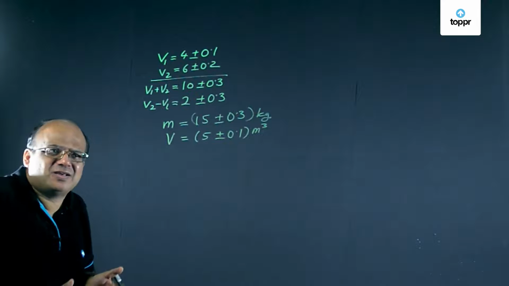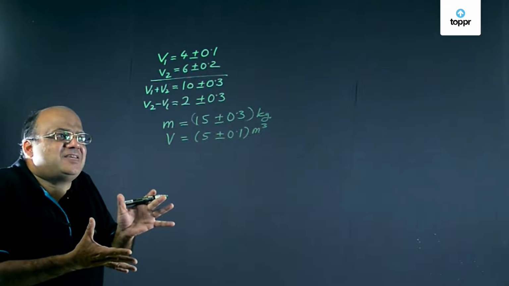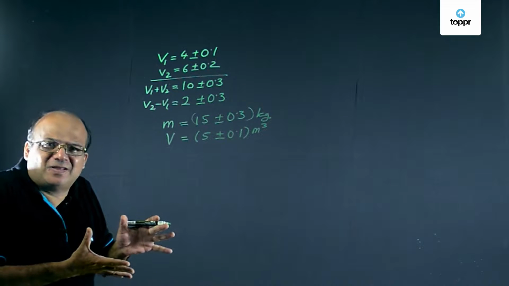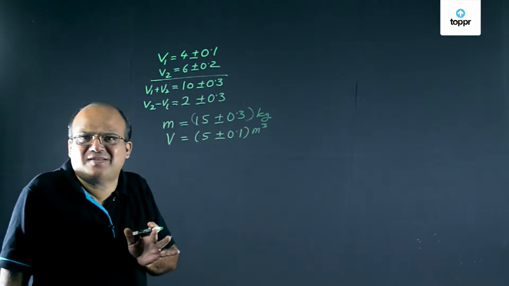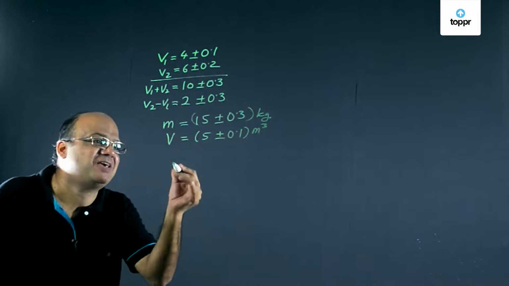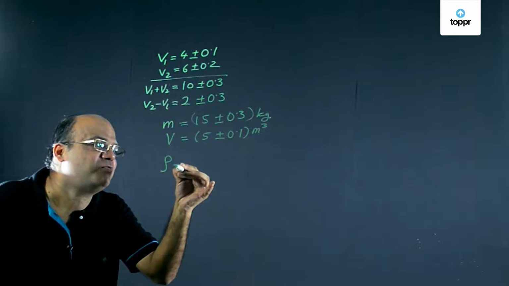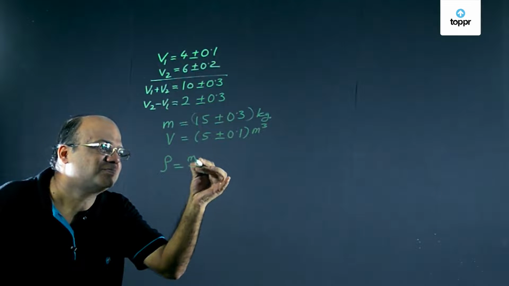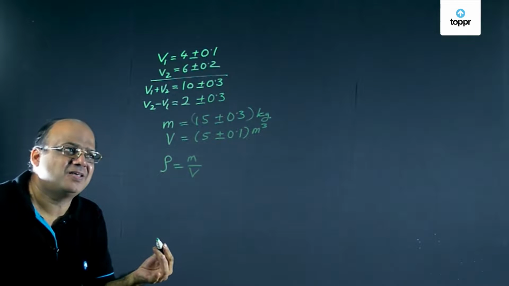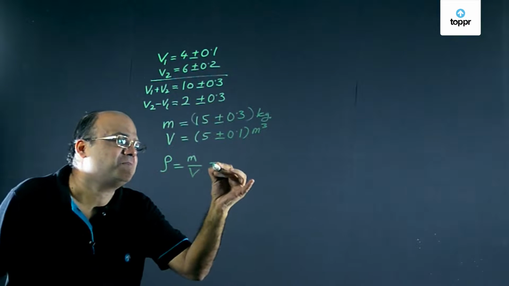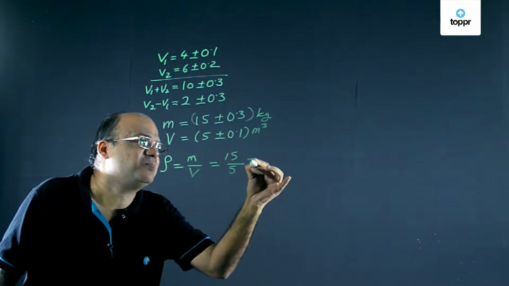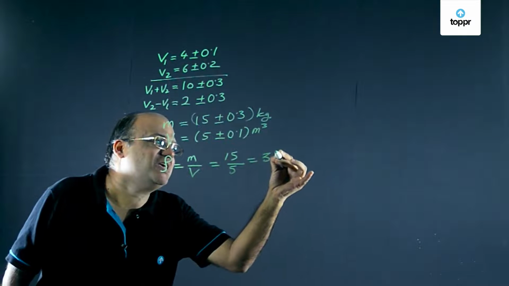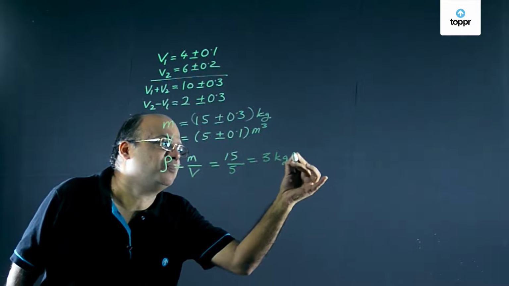Now to find the density of this material. So how to find the density? All of you know how to find density? Yes, density is mass by volume. So that is very easy. Mass is 15, volume is 5. So density becomes 3 kg per meter cube.